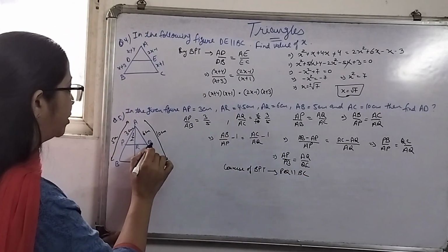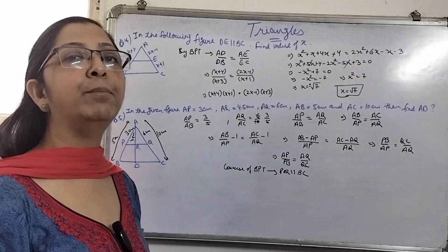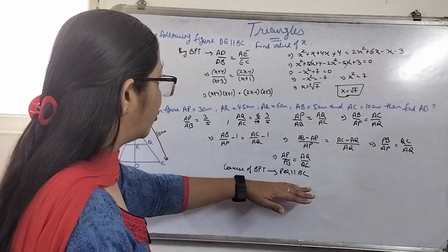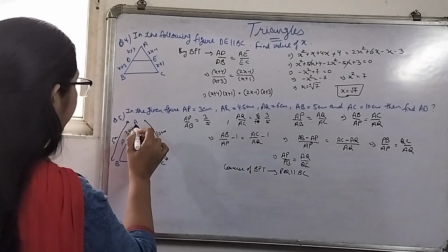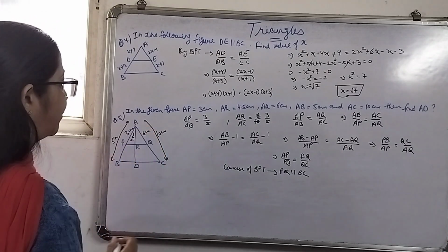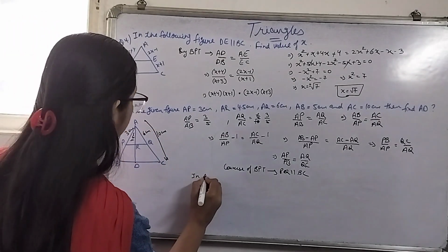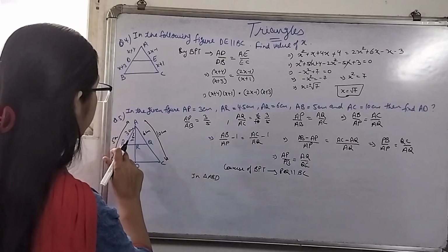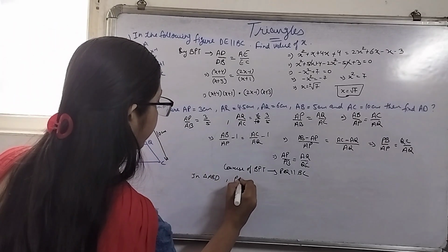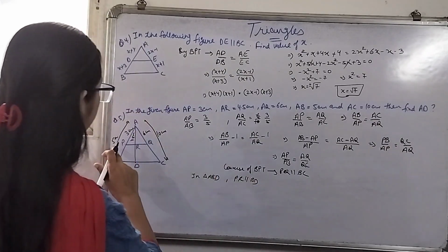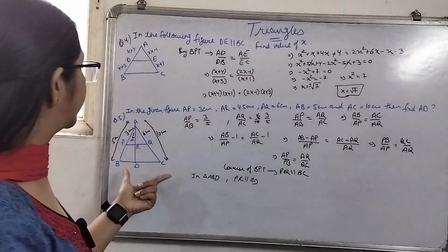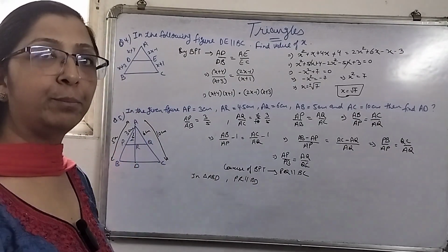These two sides PQ and BC are parallel to each other. Now once we have proved that, we can take the triangle ABD. In triangle ABD, because PR is parallel to BD, just now we have proved that PQ is parallel to BC, that simply means PR is parallel to BD also.